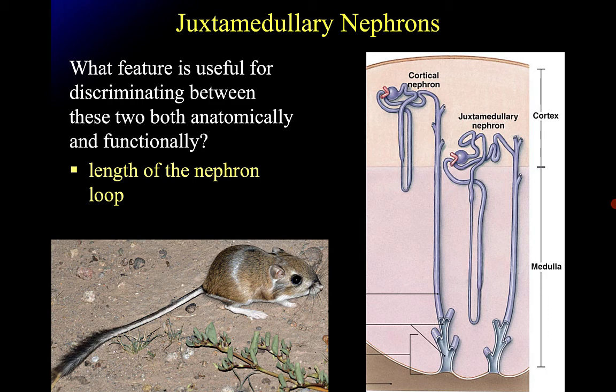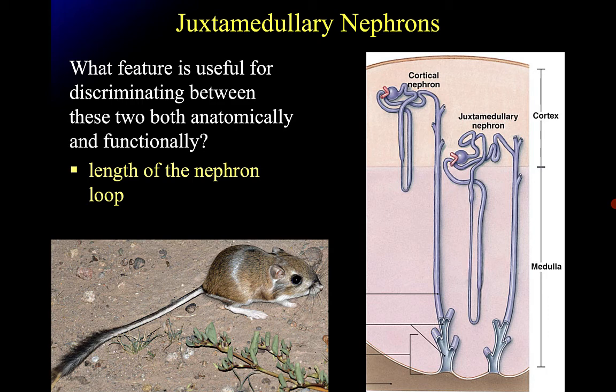But we're not truly desert adapted like camels, or even more so these kangaroo rats. These kangaroo rats have the highest level of juxtamedullary nephrons of any organisms that we know, and this allows them to do something rather special.